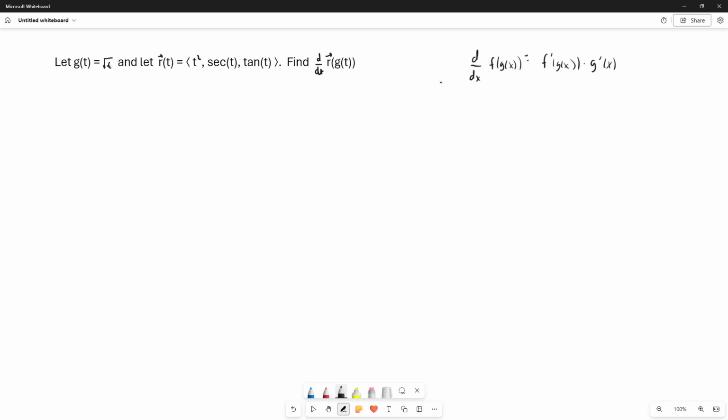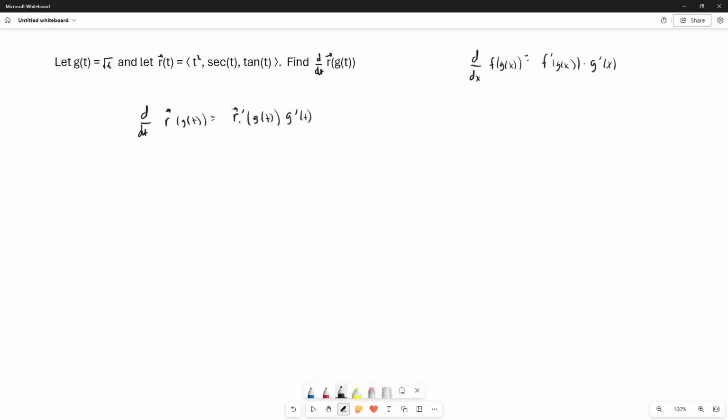And the formula for the derivative of a composition of a real valued function with a vector valued function is similar. The derivative with respect to t of r of g of t, the formula here, is r prime of g of t times g prime of t.